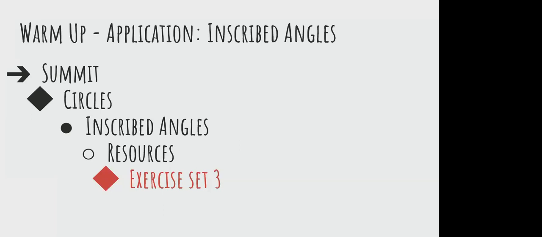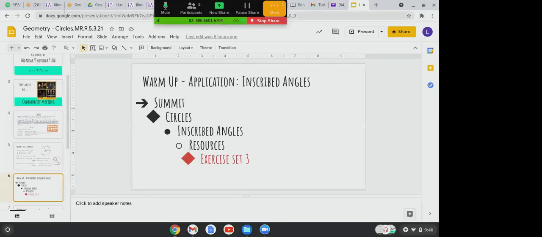When you open inscribed angles, you will see resources. In the list of resources, you will see exercise set 3 or activity 3. It's called similarity returns. I think it's activity 3. I don't think it's exercise set 3, but I'm going to show you what it looks like.